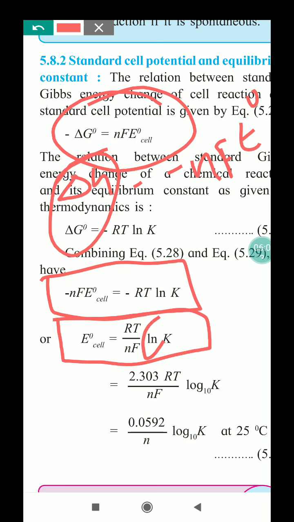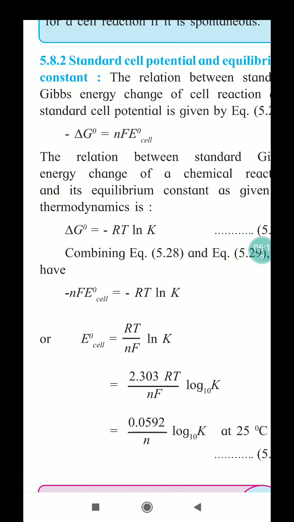This log to the base e is converted into log to the base 10 by the conversion factor 2.303. So finally we get standard EMF of the cell is equal to 2.303 RT upon nF log to the base 10 of K.